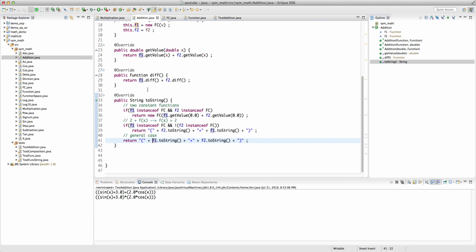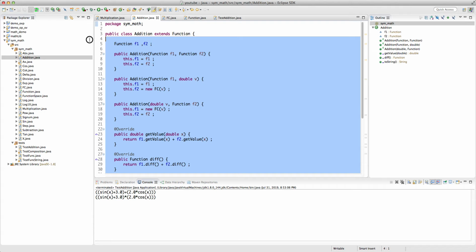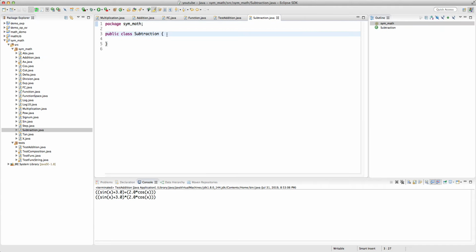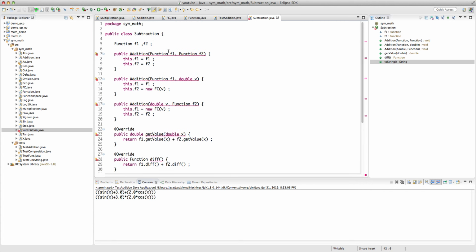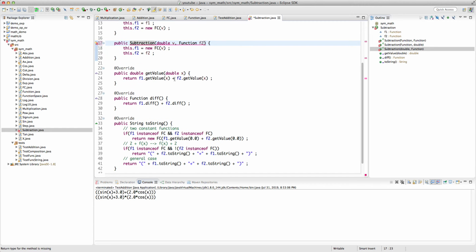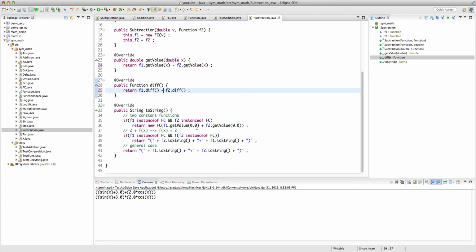So addition and basically subtraction is also very similar. So subtraction, the logic is very similar, extends function, and we just change the name of the constructors. Get value, negative, diff negative.